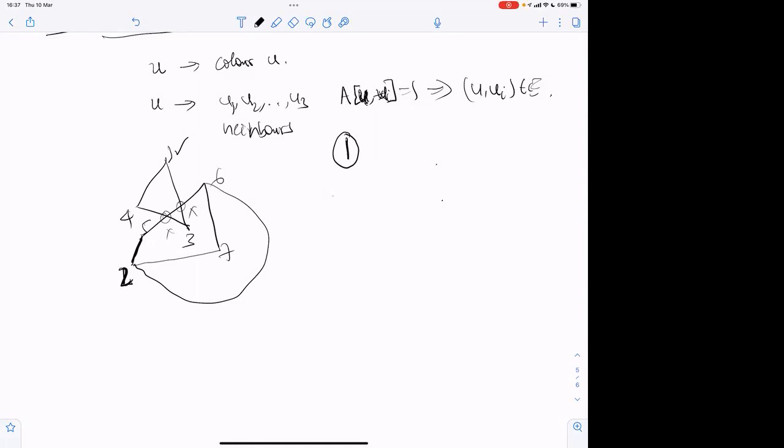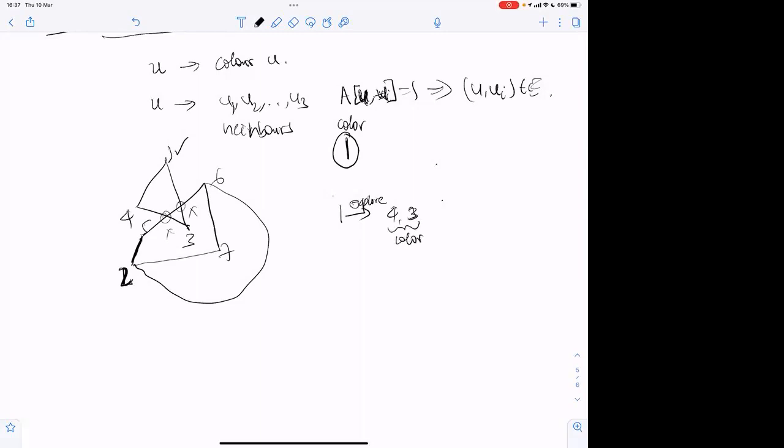Now you take out a colored vertex. So you initially color 1, and then you take out a colored vertex in your list and explore it. By exploring, I mean you put its neighbors 4 and 3 and you color them, correct?